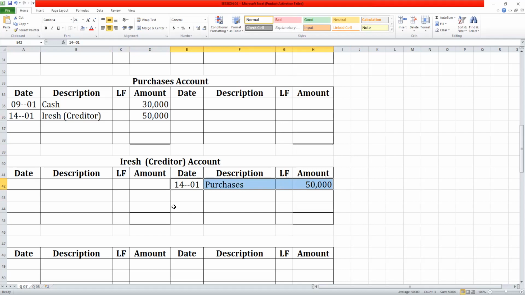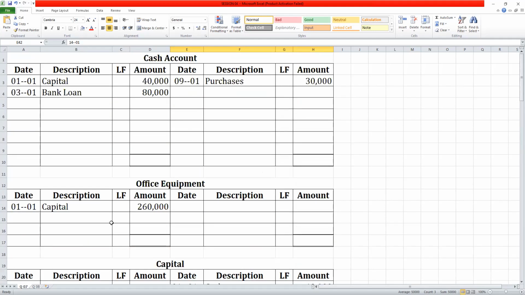Now the next one, cash sales 60,000. Once again, the cash account is involved. As a result of the cash sales, business receives cash. So the balance of cash increases, no? Cash account should be debited.